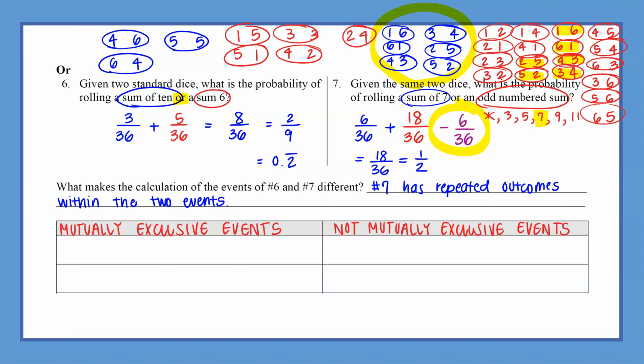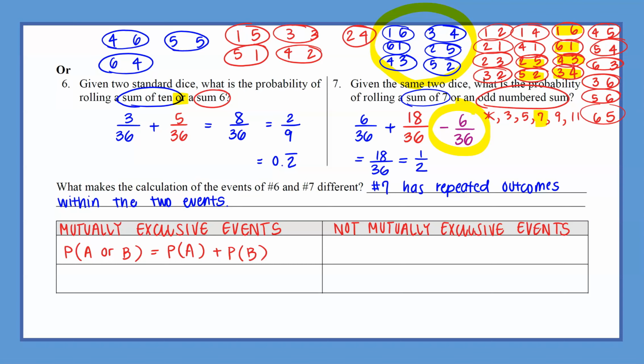For mutually exclusive events, the probability of A or B happening would be the sum of both probabilities, the probability of A plus the probability of B occurring.